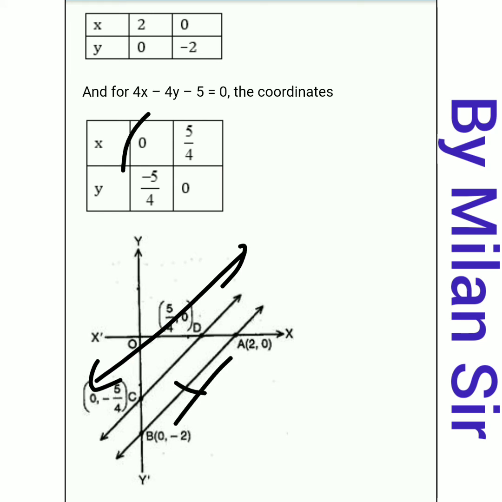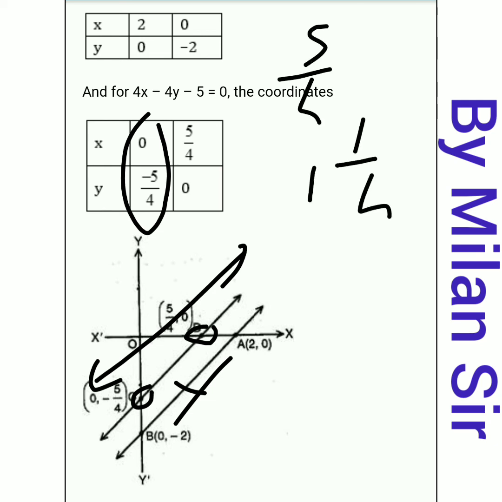Now for the second line we have the point (0, minus 5 by 4), which is here, and (5 by 4, 0), which is on the x-axis. Now 5 by 4 we can write as 1 integer and 1 by 4. We know the value of 1 by 4 is 0.25, so this means 1.25.